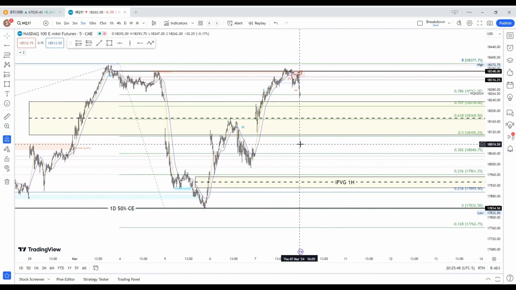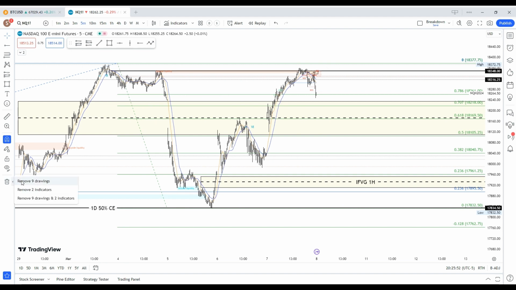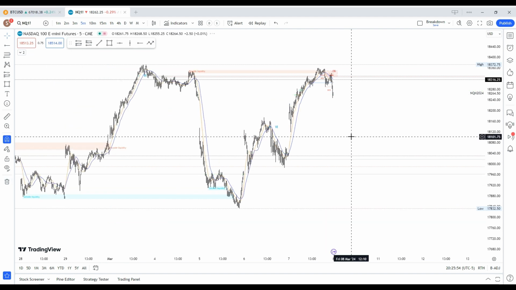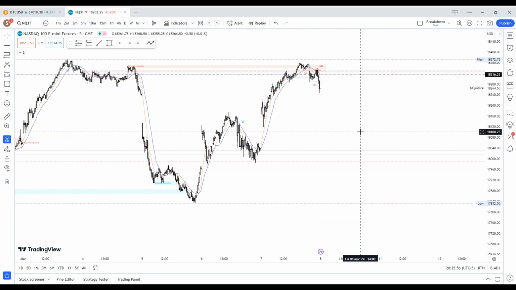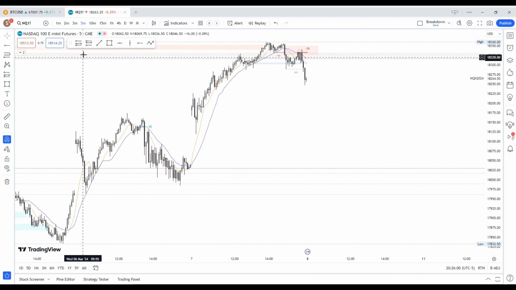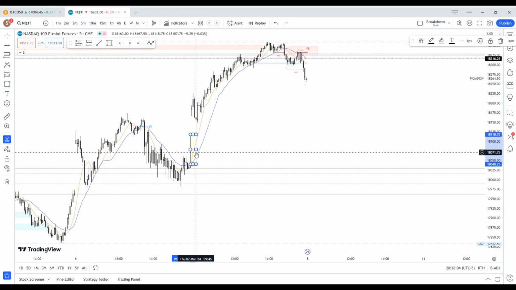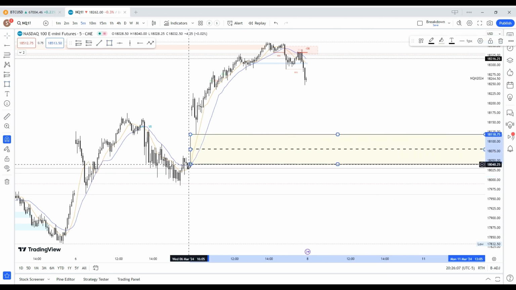All right. For me, I think let's clear the charts completely. See what we're looking at. So we know we have a gap right here that's going to need to be filled at some point. So let's just chart it, right?